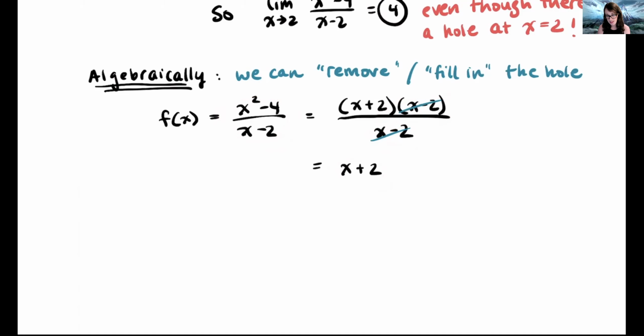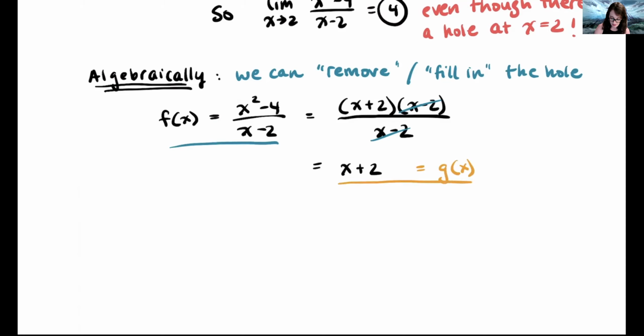But it's really important to note here that if we do this, we're actually getting a different function. So I'm going to call this g of x, this one here. And this one here will be f of x. They are not equivalent functions, right? I mean, their graphs are different.